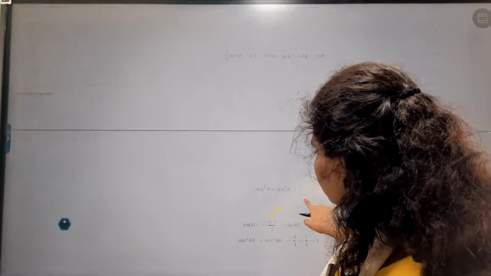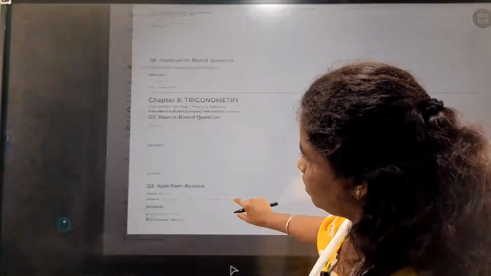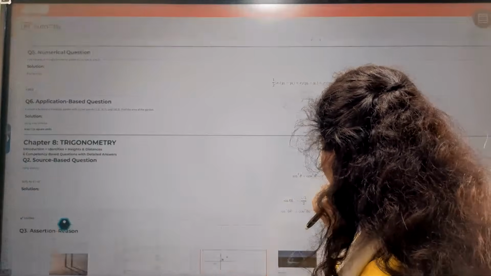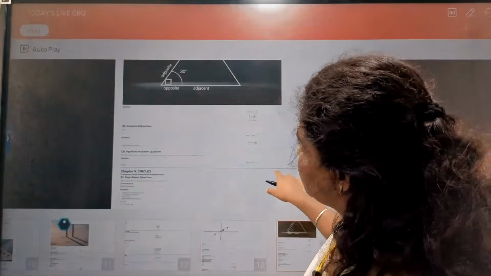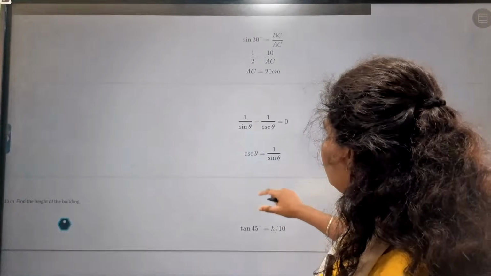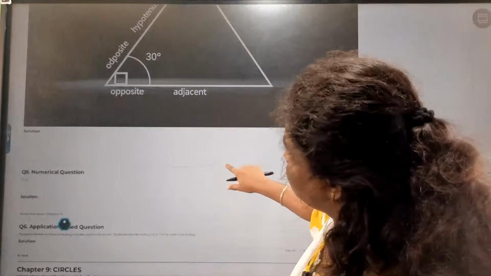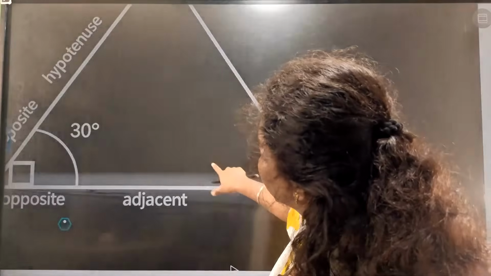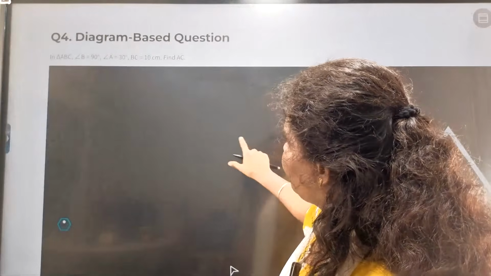See, can you try this question? Sine square theta plus cos square theta is equal to 1. Okay, so how it's 1 we have to define. It's okay, so try this. See, the question is, yes, a diagram based question.